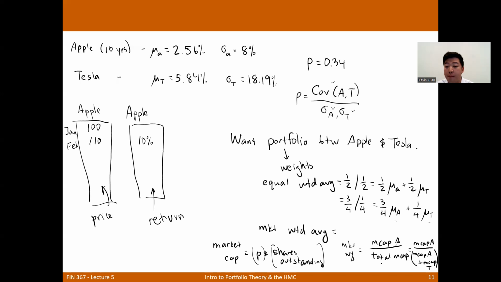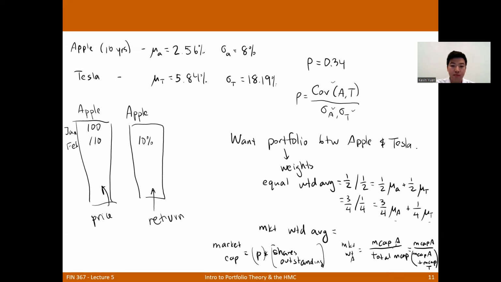And that would be our market cap weighted average, our weights associated with Apple. And the market cap weight of Tesla, you would simply replace the numerator with the market capitalization of Tesla. And you can double check the math, but the weights, once you compute the weights, they're going to add up to 1 as well.